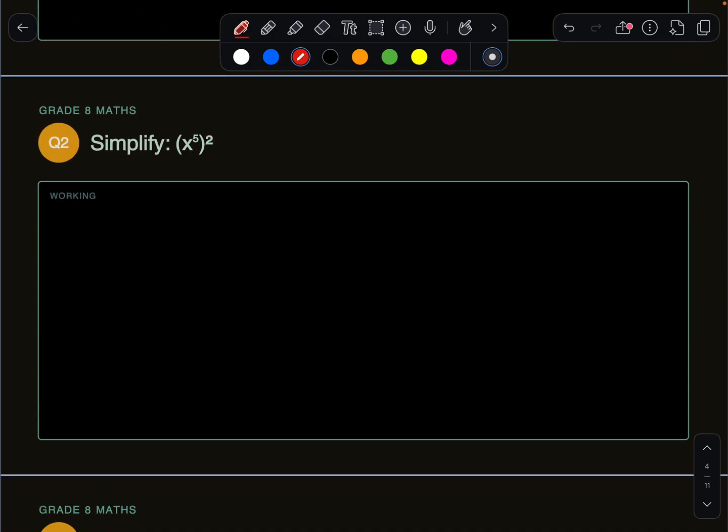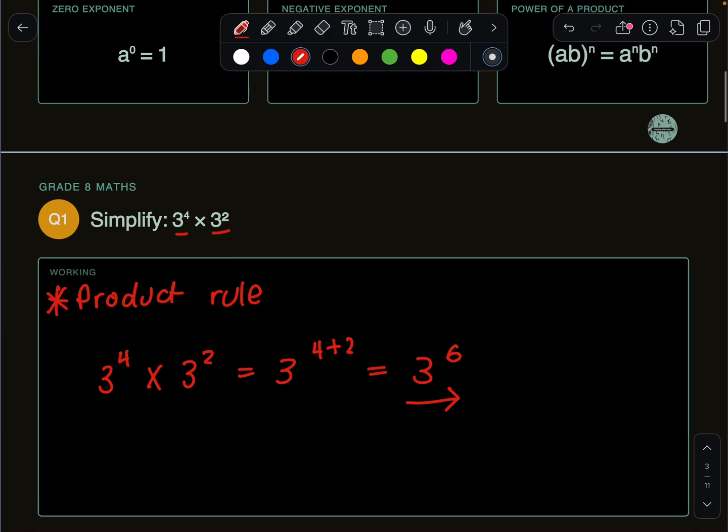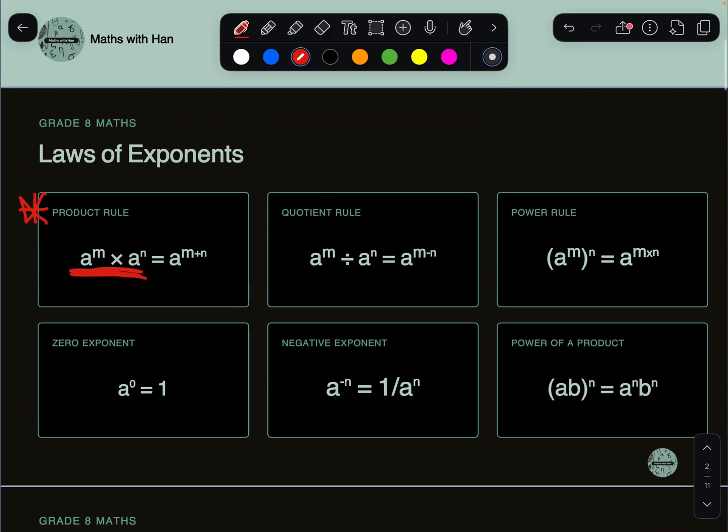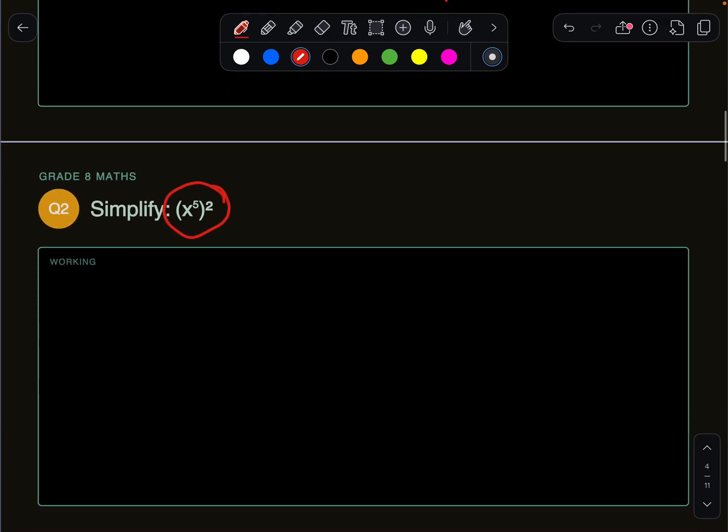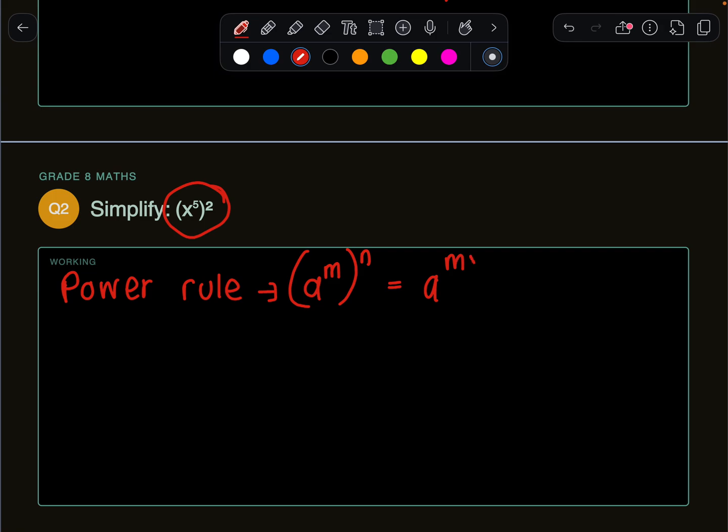Question 2. Simplify this one. We can look at our laws again, and we can see it is very similar to this power rule. I'm just rewriting it so we're recapping as we go: a to the power of m, to the power of n, means we go a to the power of m times n.